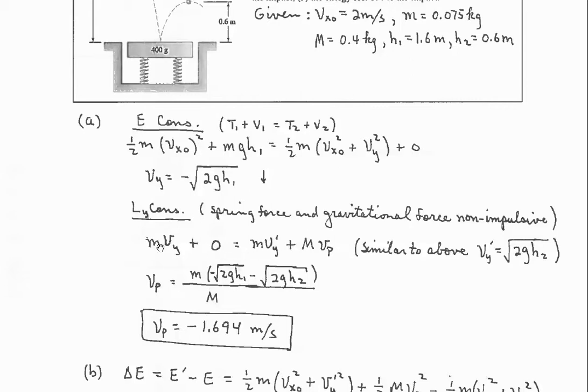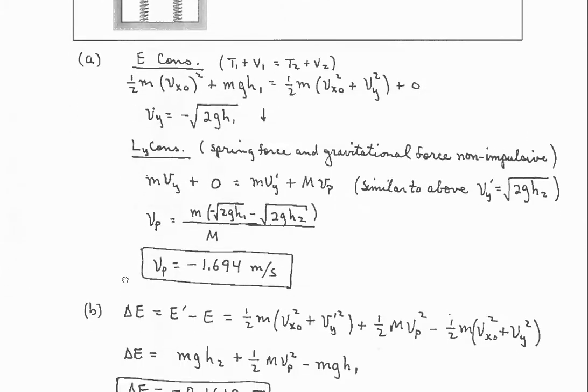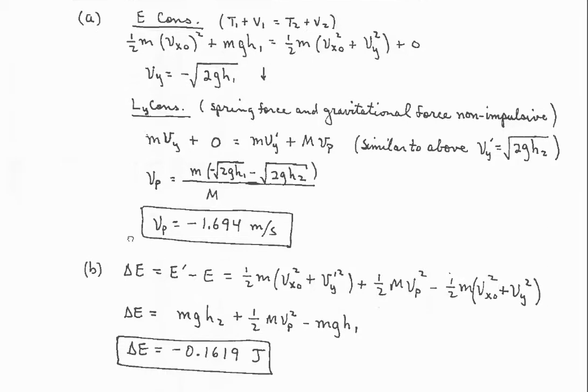The m is in both terms, so it's Vy minus Vy prime. Vy, though, is negative square root 2gh1, and Vy prime, with a negative sign because it comes over the other side, is negative square root 2gh2. And then we divide by capital M. When you do that, you'll get the velocity of the plate is negative 1.694 meters per second.